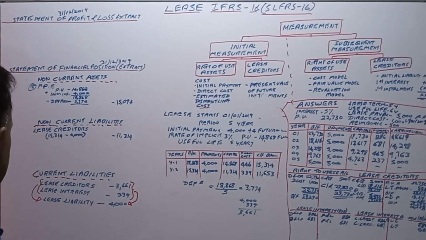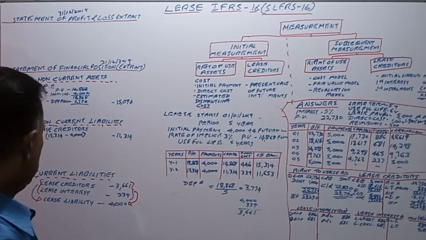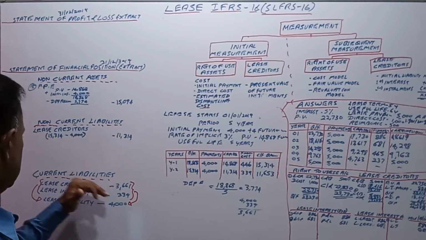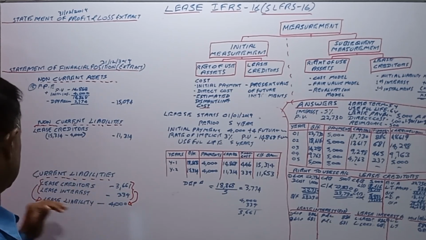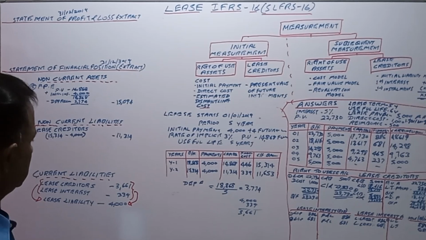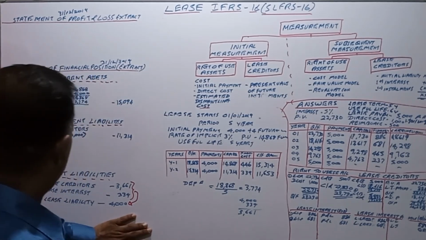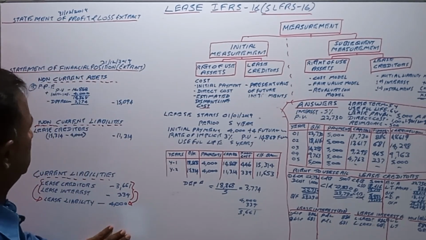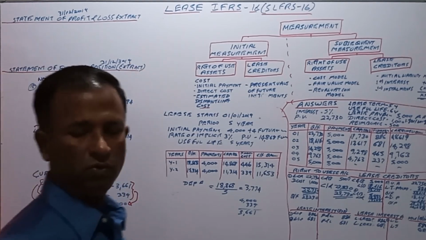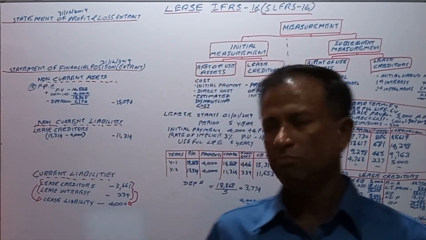You can say either lease liability, or you can split it and show lease creditors 3,161 and lease interest 339, and altogether it should be 4,000. This is how you have to show it in the balance sheet.